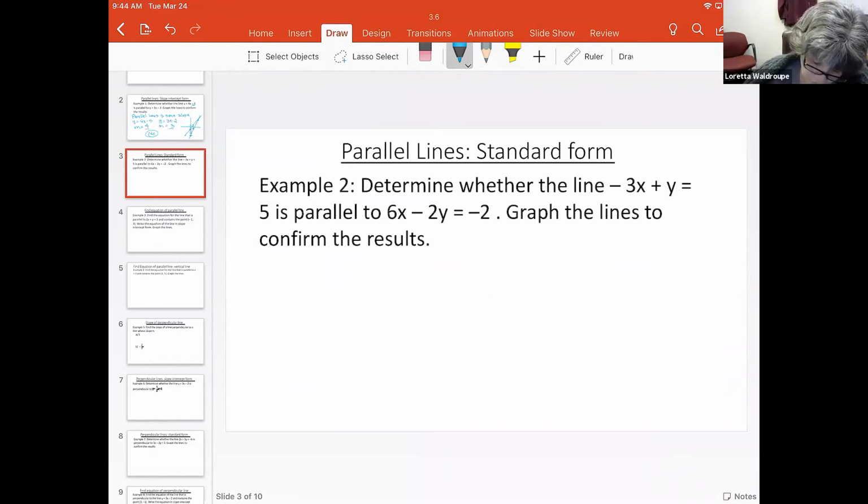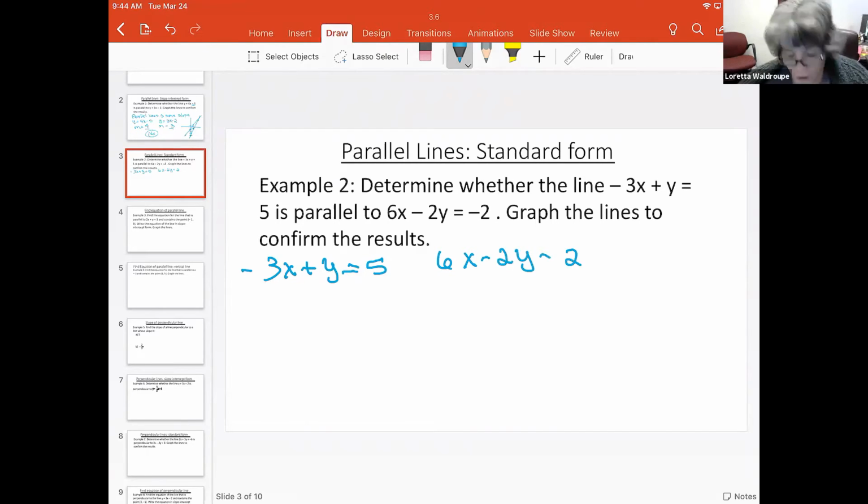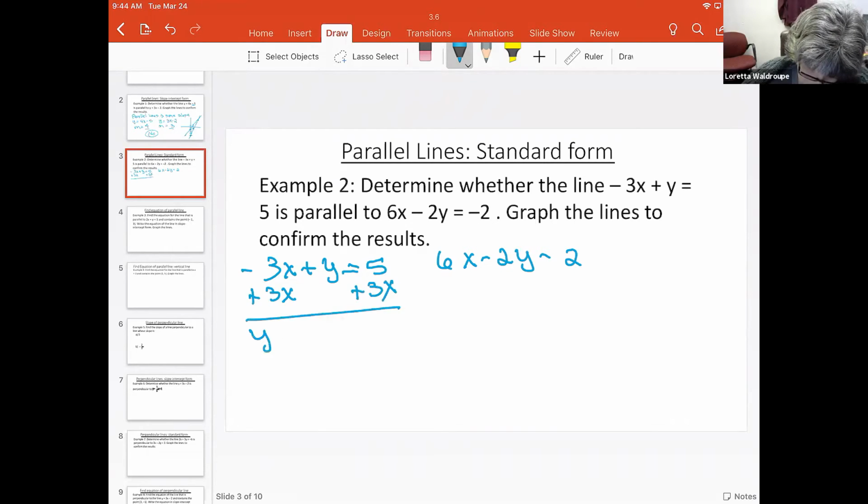So what about these two? Determine if they're parallel. The first thing you want to do is solve each equation for y. So I'm going to add 3x to both sides. And I can see here, my slope is 3.